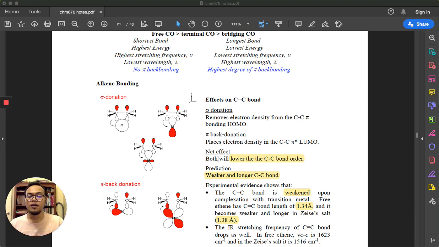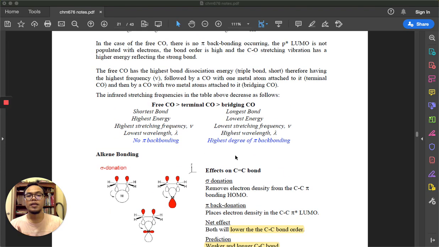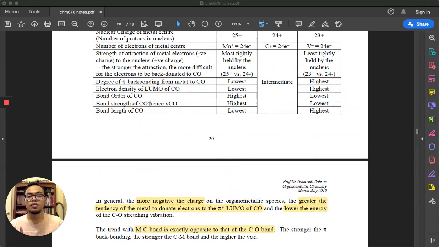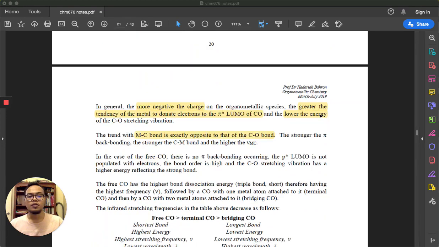The net effect of these two processes is that both will lower the C–C bond order. Remember just now, when I say the bond order is lower, the bond strength is also lower, but the bond length would be longer. So the longer the bond length, the weaker it is because the bond order is now lower.